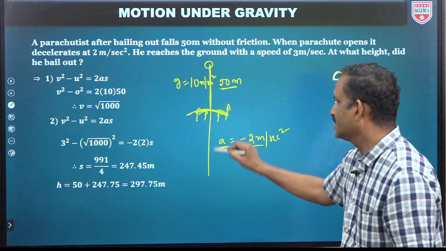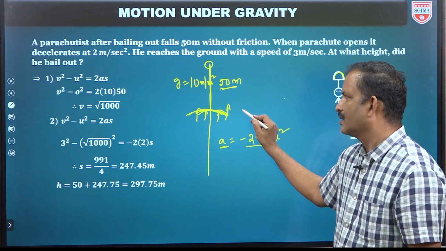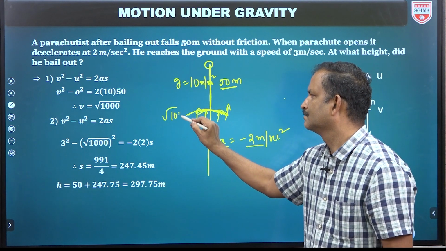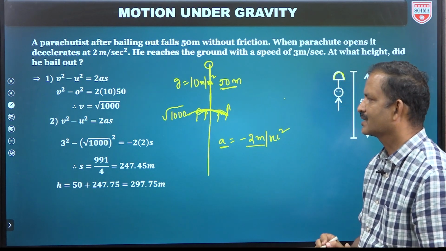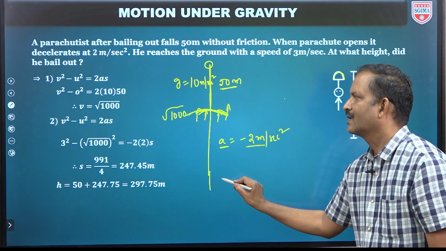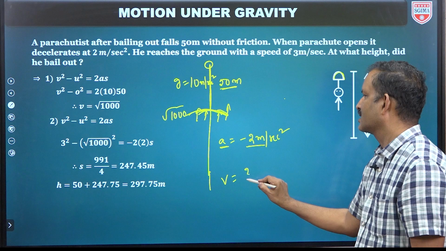After that, he is moving down. Now he will have this velocity root of 1000. Now he is going down with a deceleration of minus 2 meters per second square, and he reaches the ground with a velocity of 3 meters per second.